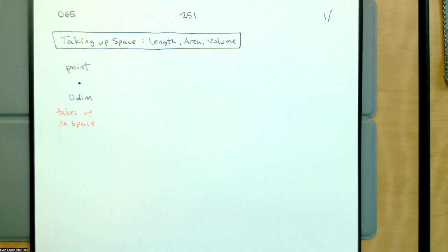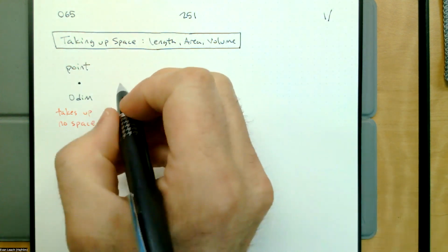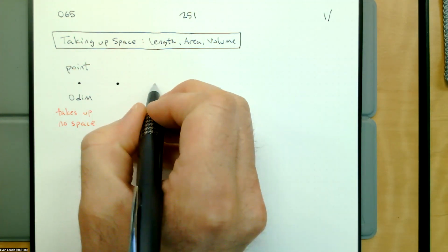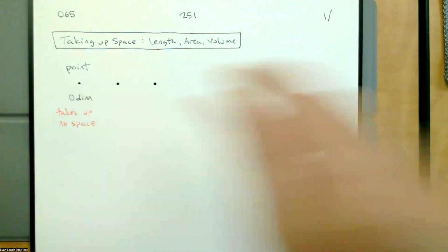So let's give ourselves one dimension, left, right. That's one dimension, left and right. Left is just -1 times right, so it still only counts as one. So we're going to take this point and we're just going to drag it along our new dimension.